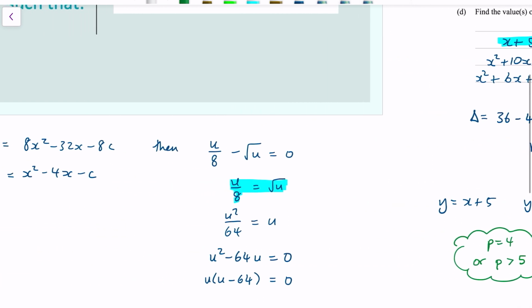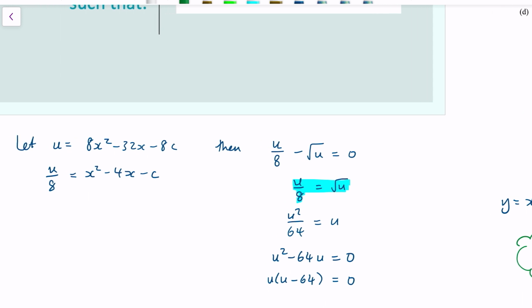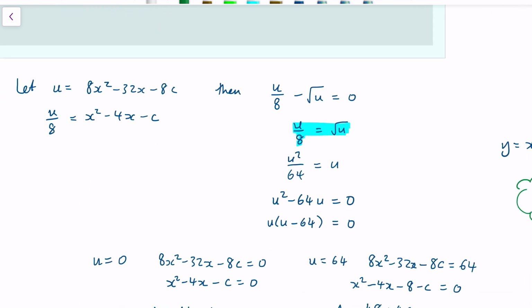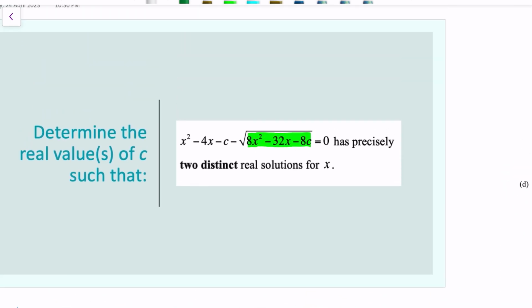Now I guess the question comes to, well, how come the squaring didn't cause a problem with this equation? And I'd like you to pause and think about that before I announce the answer to it. Okay, the reason is if we consider this equation as just two graphs where they're meeting. So we have y equals x squared minus 4x minus c, and we have y equals the square root of 8 times x squared minus 4x minus c.